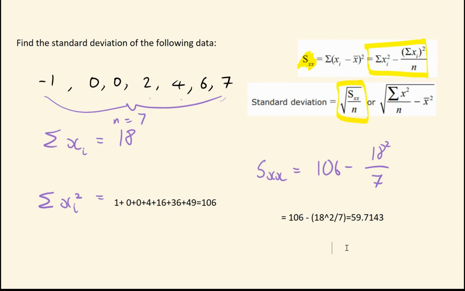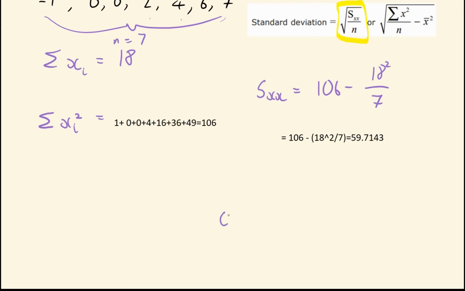Anyway, that's my Sxx. I can now work out the standard deviation by using this formula. My standard deviation, denoted by this symbol here, which is a lowercase sigma, will be the square root of 59.7143 divided by 7. You just type it into your calculator, work it out, and then you are done.